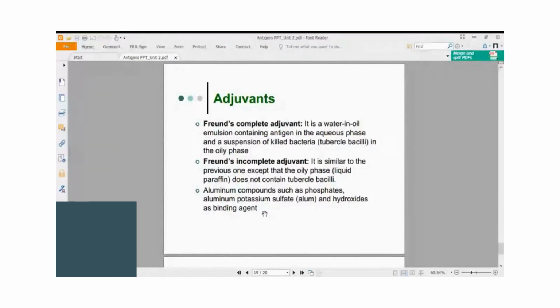Muramic acid you might have heard about. It is a fatty acid, muramic acid. And that muramic acid is conjugated with the membrane protein to form muramyl peptide. It is a lipoprotein of strong antigenic ability. Therefore, it is used as a stimulant. So in the oil phase, the killed tubercle bacteria will be there.